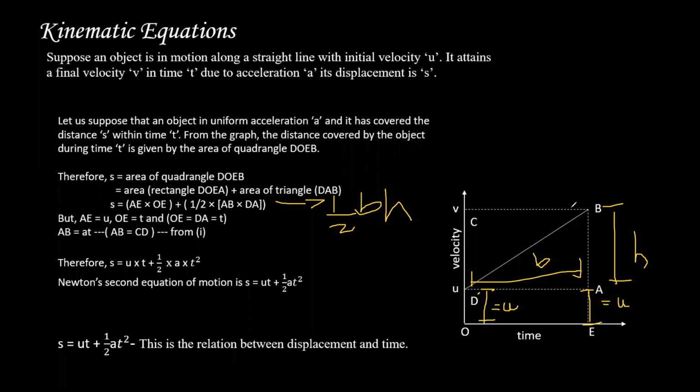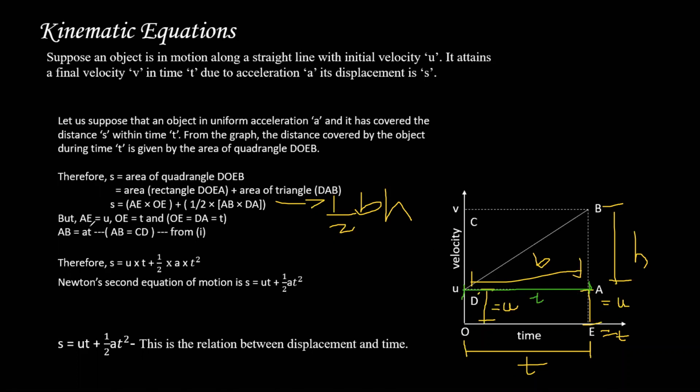Now look at OE. Where is OE visible? This is OE over here, which is nothing but the time. So we'll write OE is equal to t. And DA, where do we see DA? DA is this. Again it is the side of the rectangle, so OE is equal to AD. So this also becomes t.